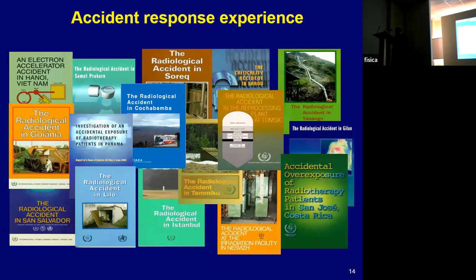They form the basis for the requirements and guidelines for the protection of people in radiation accidents. The slide shows some International Atomic Energy Agency publications containing the analysis of some accidents related to Chernobyl, Fukushima, etc.